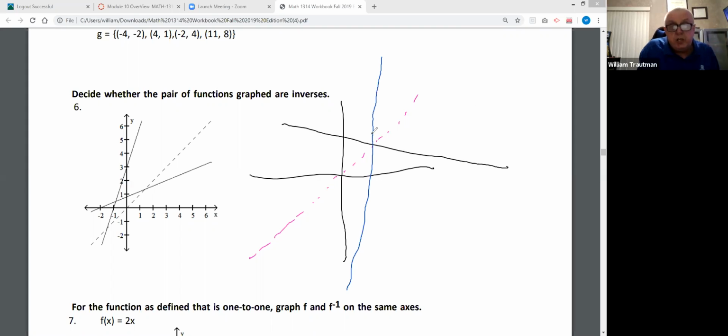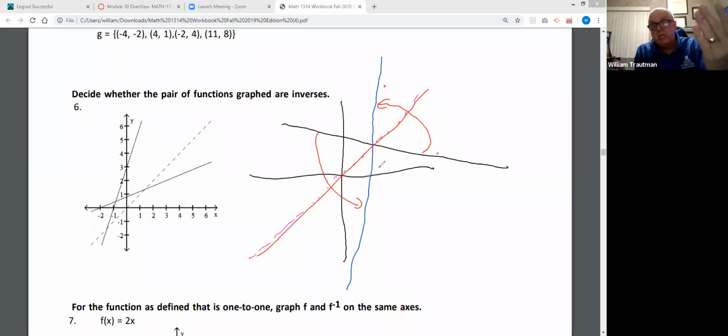Do you see, on this y equals x line, if I fold this over to the other side, it lines up? The two graphs lined up. If you fold this paper over, this black graph will line up on the blue graph.